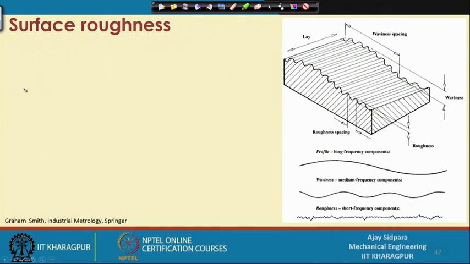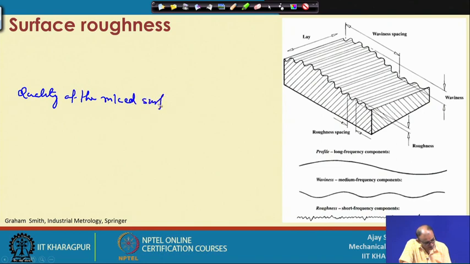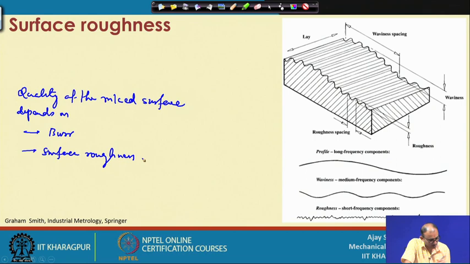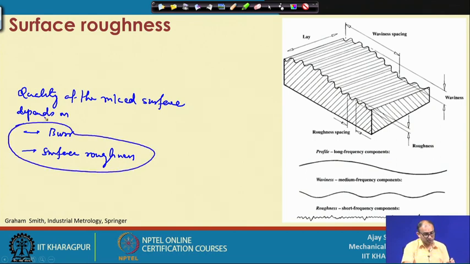So, the quality of the machined surface depends on, one, the burr formation and, another, the surface roughness. Correct.